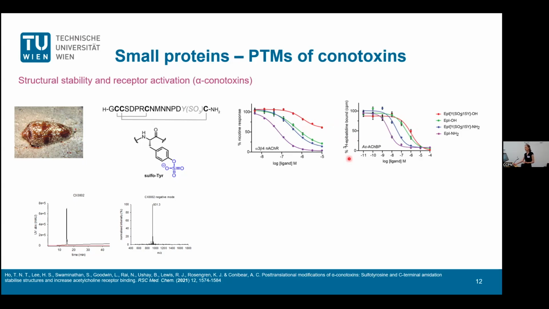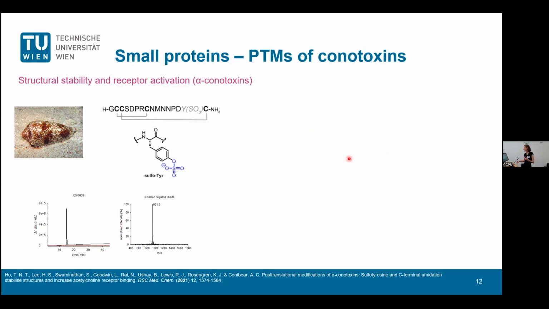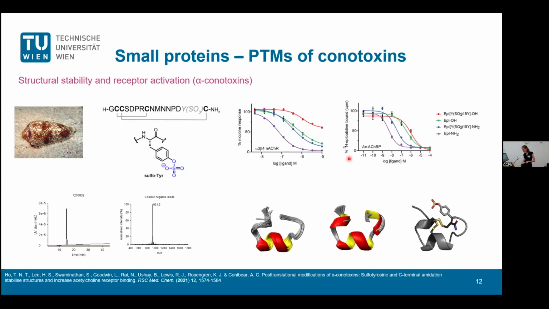So these modifications are obviously doing something to the activity of the peptide, but are they doing something to the structure? So then we took our synthetic peptides and did some NMR structures of them. I won't go into the data, but just briefly to say, the structures are not particularly different. They're highly constrained by these disulfide bonds, but we noticed some small differences in the modified variants. For example, a bit more definition in these turns at the end, and interactions between the C-terminal amidation and the backbone here, as well as the tyrosine sulfation, which is negatively charged, and the positively charged N-terminus.